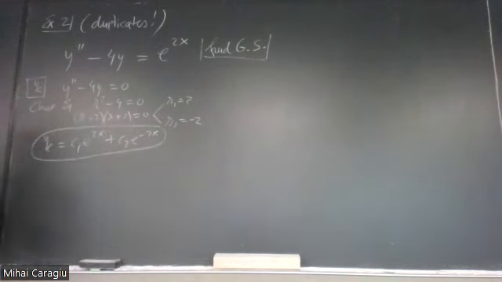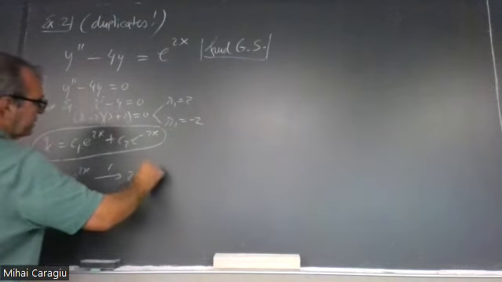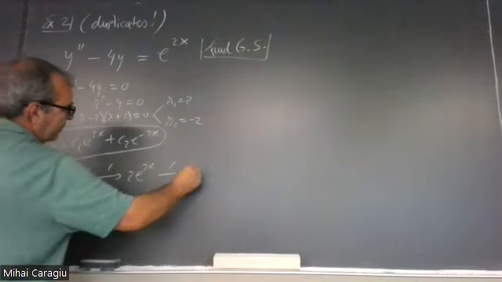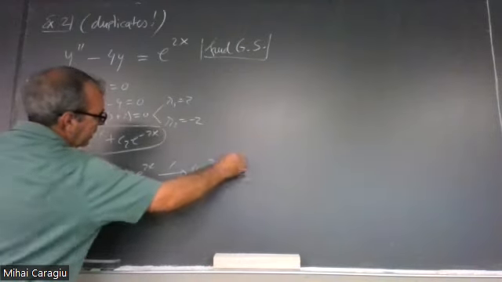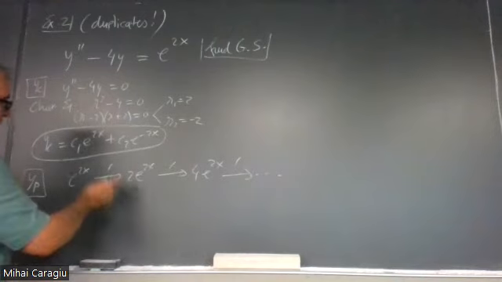Okay, let's move on to y sub p. Let's look at the term e to the power 2x. Differentiate, we get 2 e to the power 2x. Differentiate, we get 4 e to the power 2x, etc. We get only multiples of the same e to the power 2x. As in the previous example, there is only one linear independent term appearing in this process. This will be e to the power 2x.